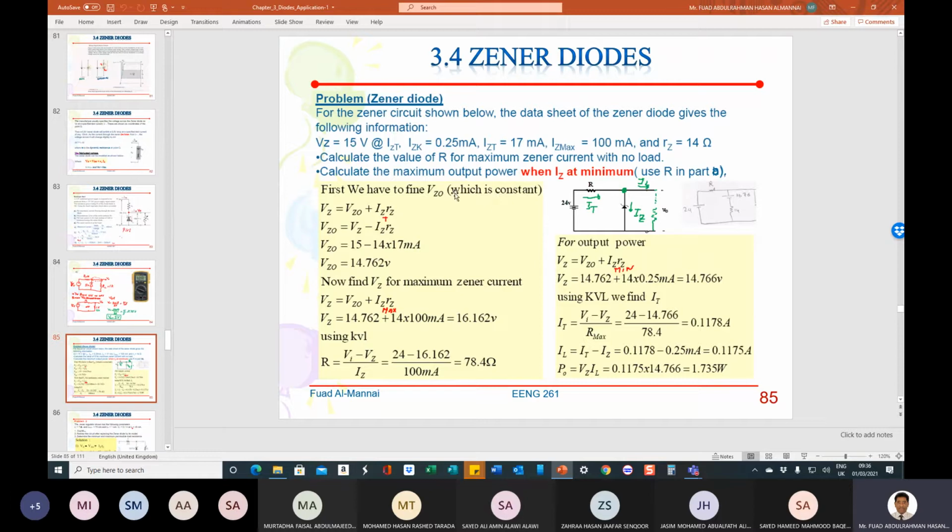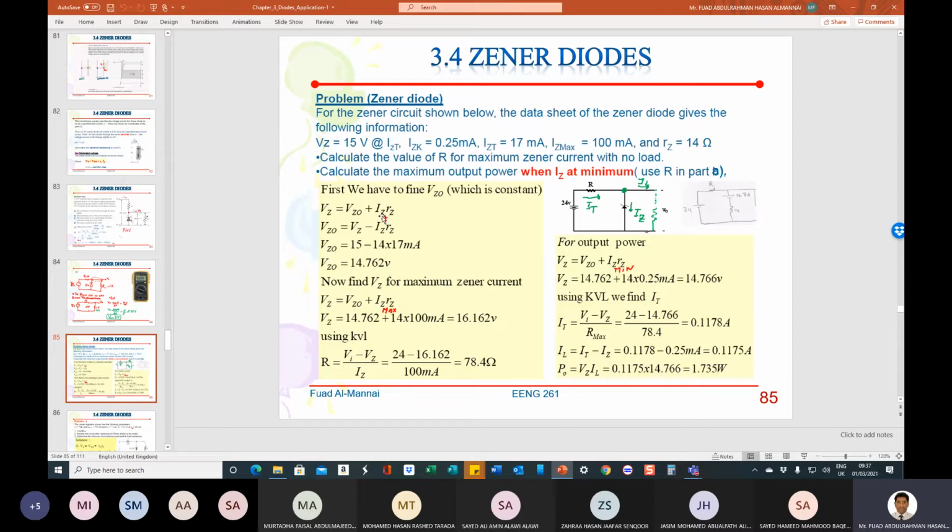Now the first thing you have to do is calculate VZO. You will say VZ is equal to VZO plus IZ RZ, where IZ, guys, is IZT. When you calculate VZO, VZ is at 15 volt and IZT is, in this case, 17 milliamp.